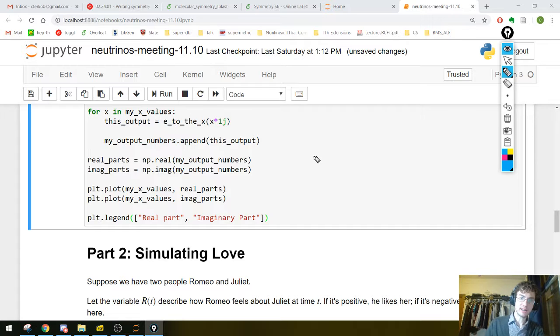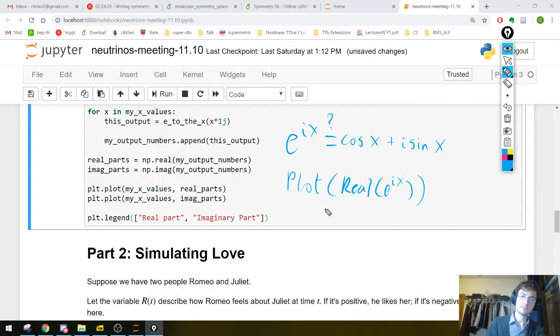I'll ask you to predict: e to the ix, which we think maybe should be cosine x plus i sine x. If I plot the real part of e to the ix, what is the shape of this graph? What should that look like?